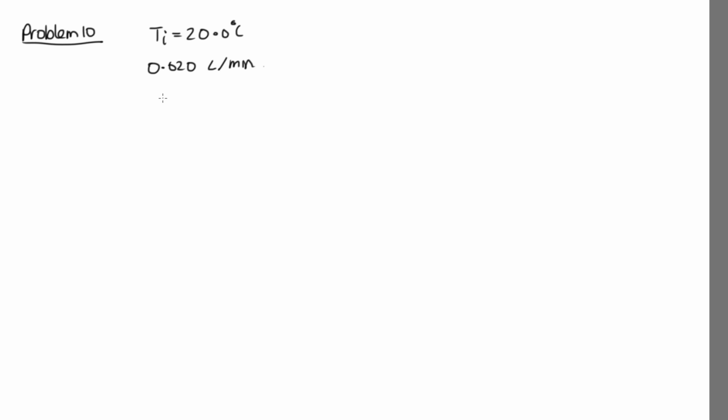So this tells us the mass per second which is falling into that, because 1 liter is 1 kilogram, is equal to 0.020 kilograms per minute. So that's over 60 seconds.